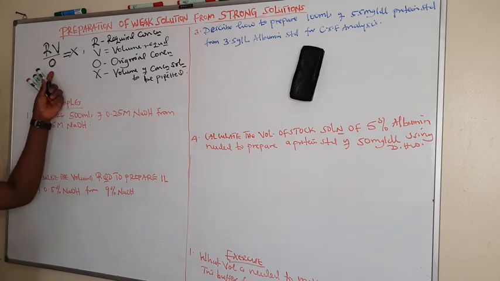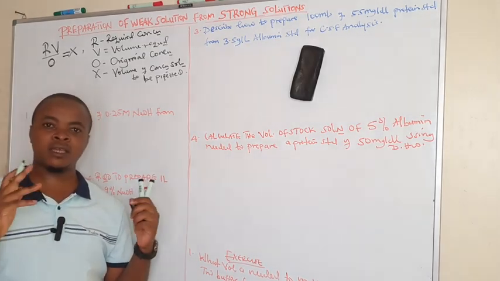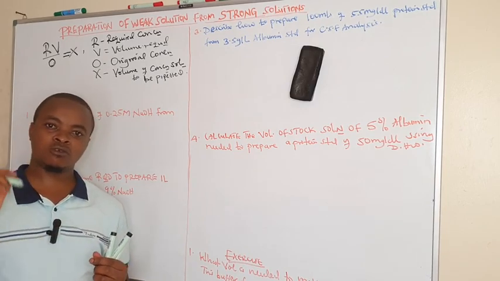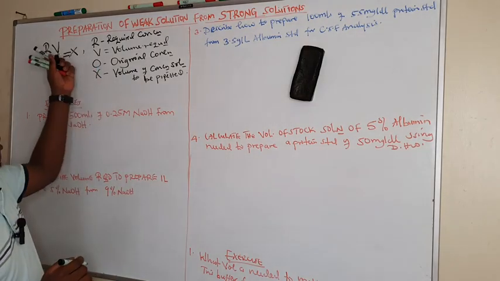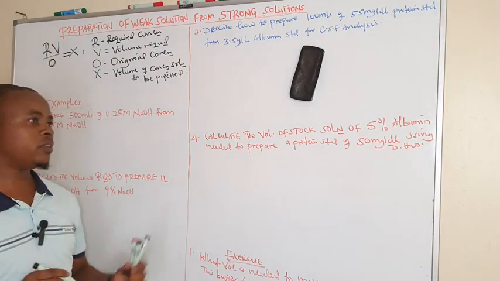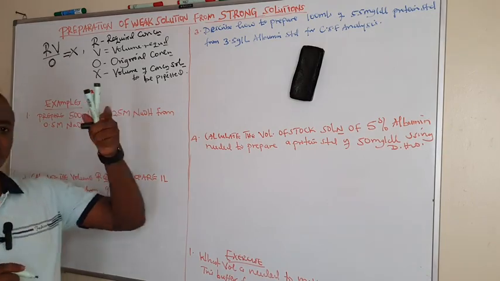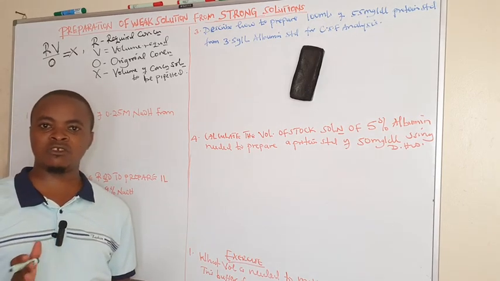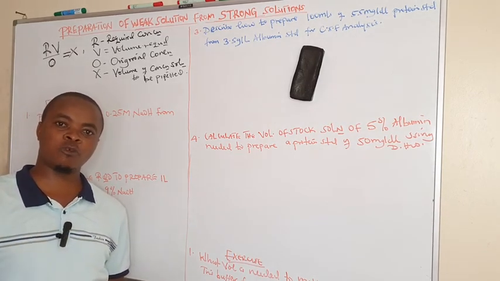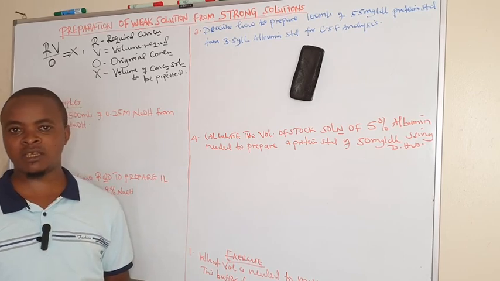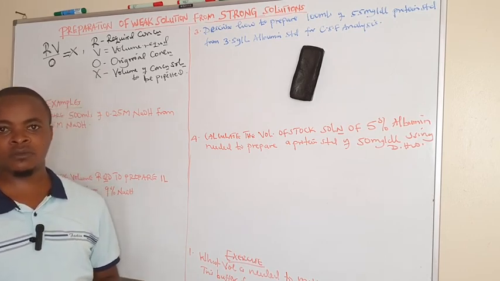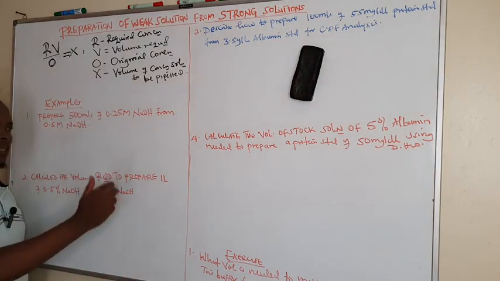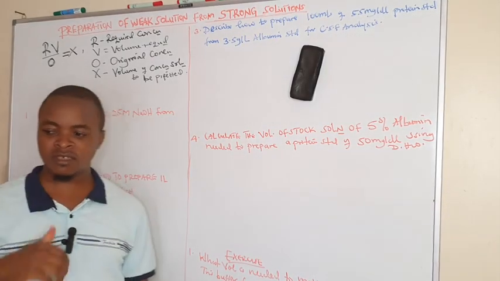O is the stock solution or the original concentration which you want to dilute to form a weak solution. X is the volume of the original you need to pipette, then you top up with distilled water to make the required volume. This is the formula we are going to use to calculate these different examples, 4 examples we are going to see.